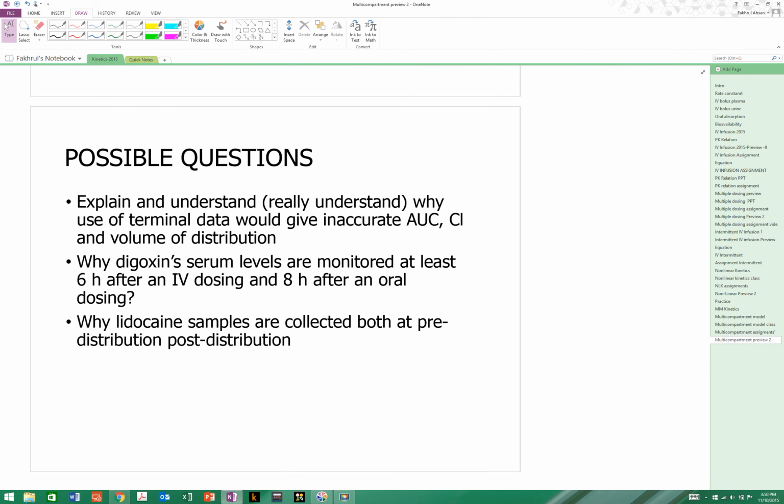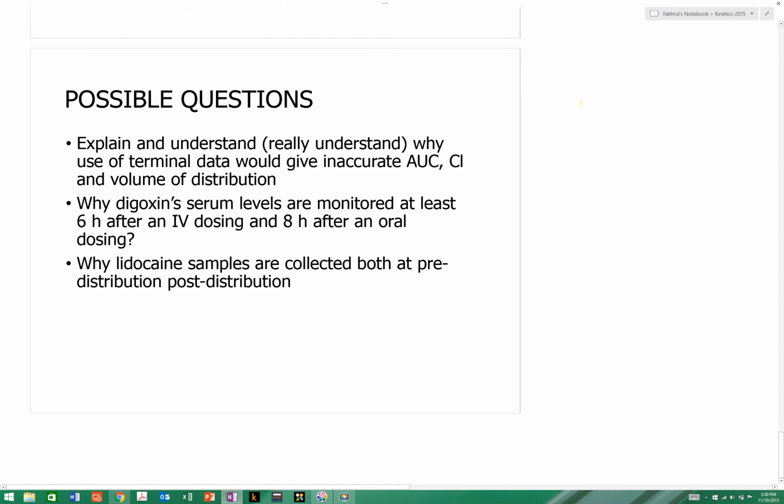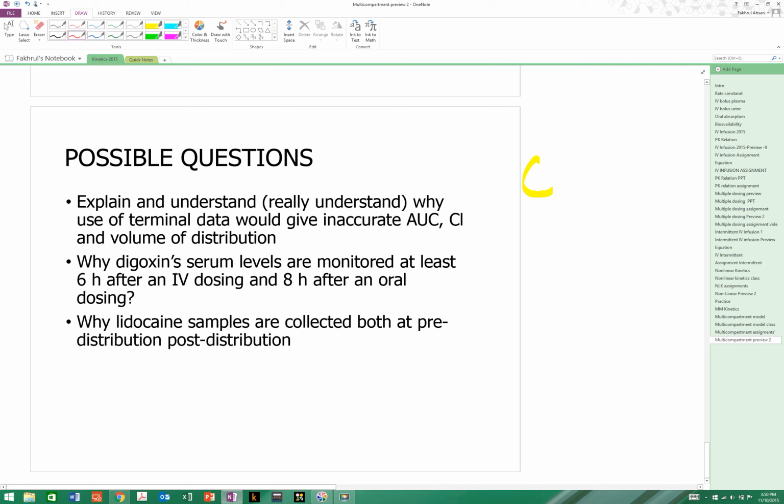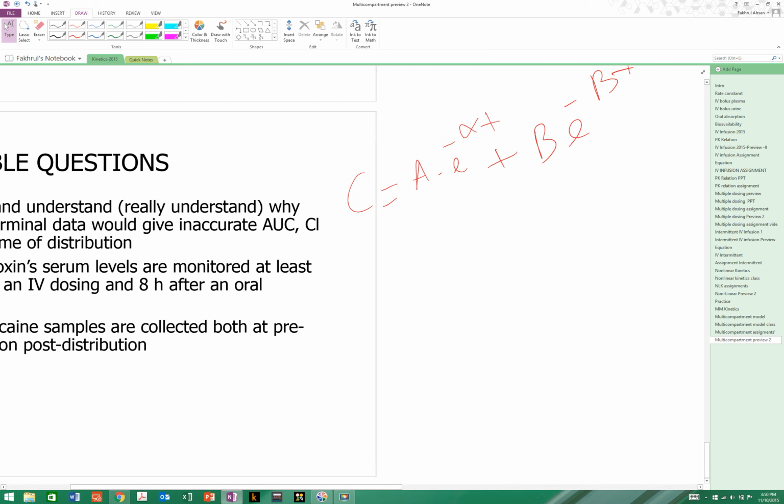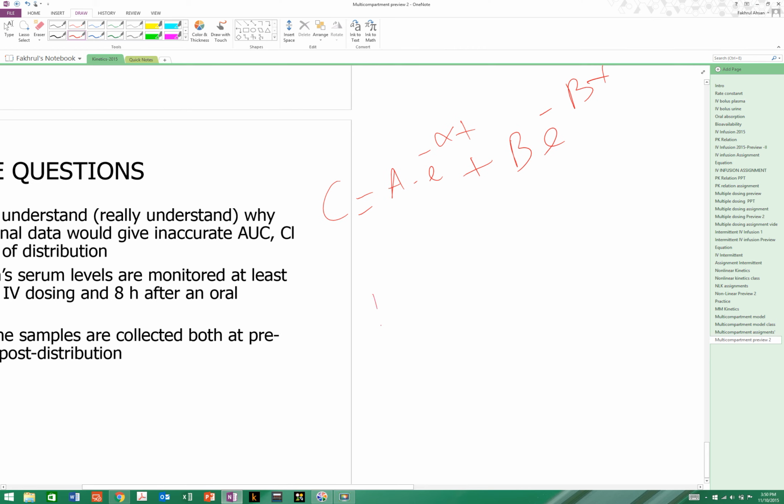Now, explain and understand really why use of terminal data would give you inaccurate AUC, CL and volume of distribution. Yes, because we have two phases. The equation says A e to the negative alpha t plus B e to the negative beta t. If you have to calculate AUC, you have to use both phases.